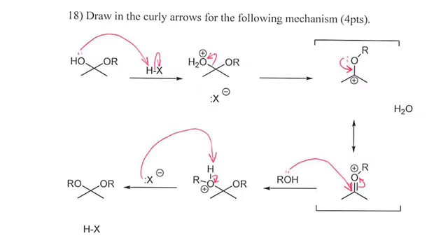Question 18, another mechanism question where again I gave you the intermediates. This is now the second half of a condensation mechanism. Curly arrows have to describe the movement of electrons that create new bonds or destroy existing bonds.